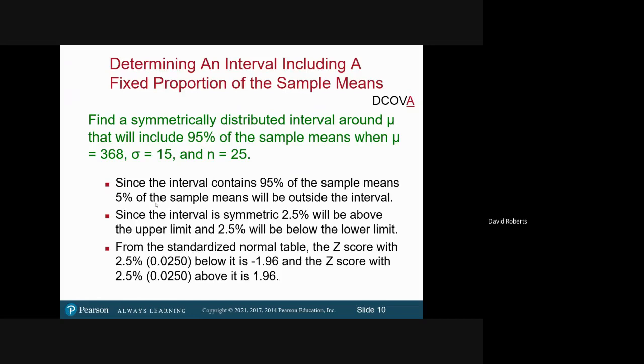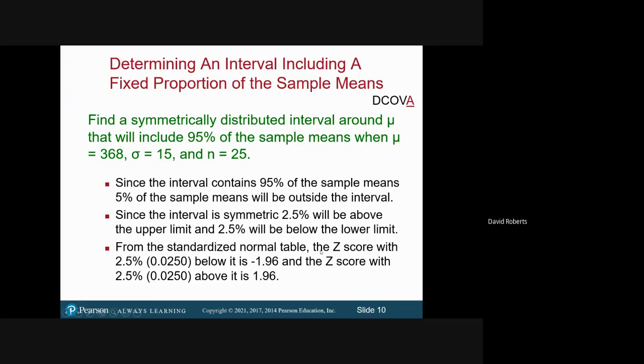If it's symmetric and two-tailed, 2.5% is below and 2.5% is above. It can also be used to determine outliers. Remember, outliers are extremely low or extremely large values. So if this covers 95% of the examples, we can say the other 5% are considered to be outliers.